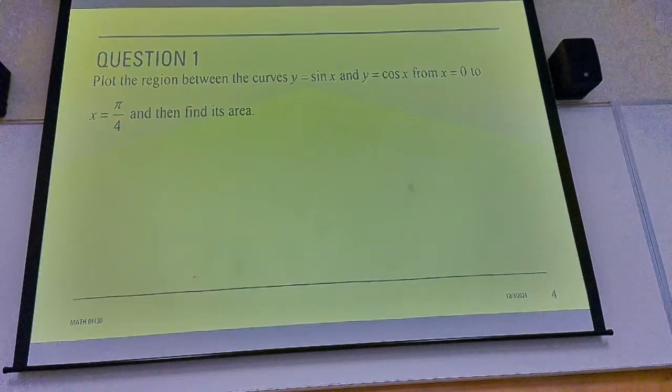The area of the region between y equals sine of x and y equals cosine of x from x equals 0 to x equals pi over 4.